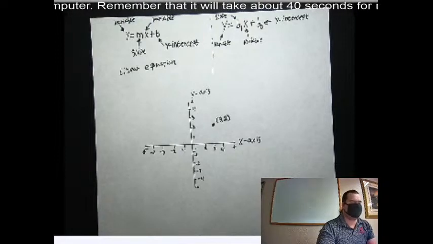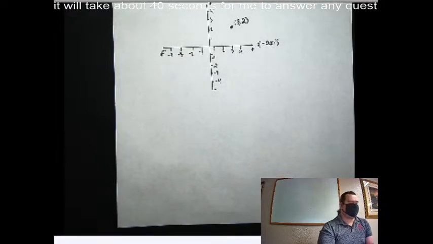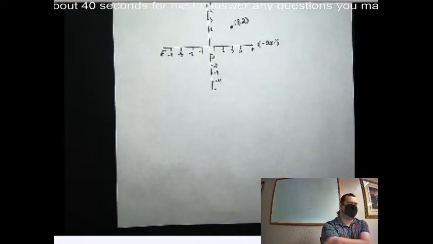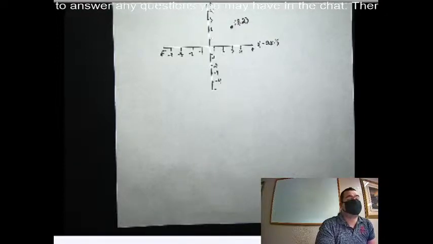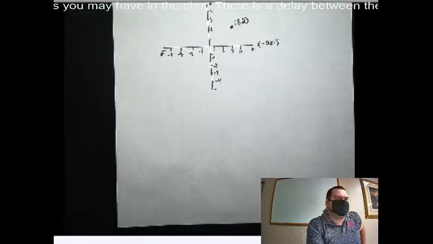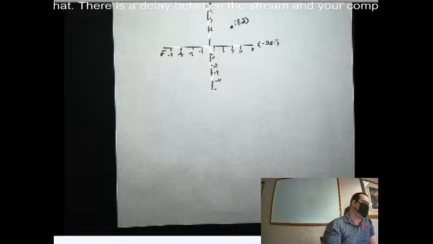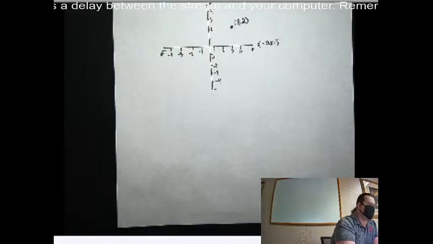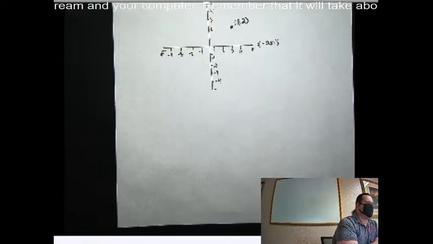So let's try a linear equation real quick. Okay. Let's say there's a phone company, and the way that they do their billing is with a linear equation. So what they do is there's a flat rate fee.